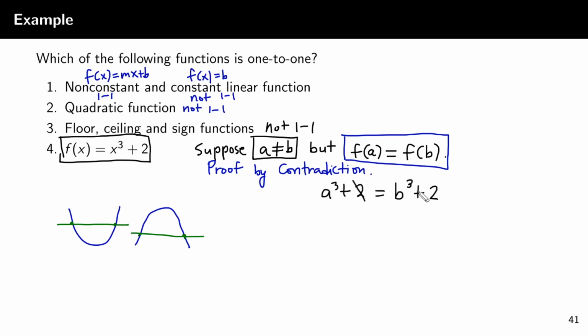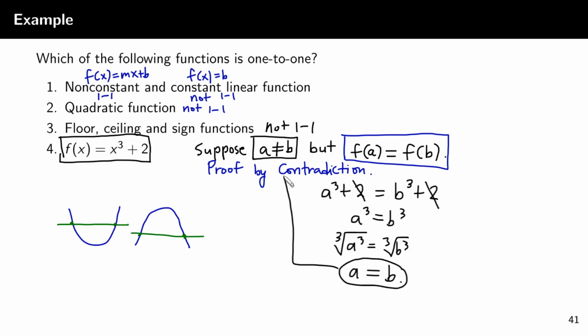Now, I can cancel 2. I will get A cubed is equal to B cubed. Okay. And then I can get the square, sorry, not the square root, but the cube root of both sides. And then I get A equals B. And what is this? This is a contradiction to the assumption that we made earlier.